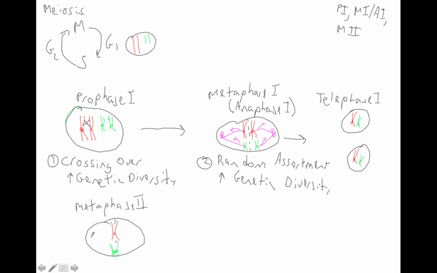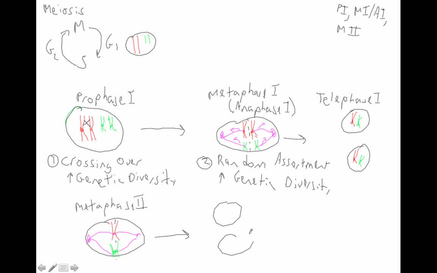And that's important because when our centrosomes here send out their spindle pulls, during anaphase 2, they'll pull these sister chromatids apart. So then at the end of meiosis 2, after anaphase 2 and telophase 2, what we end up with are cells like this.